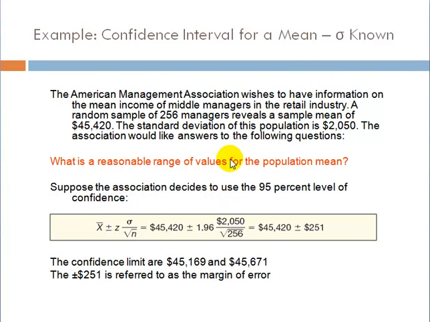Second question, what is the reasonable range of values for the population mean? Suppose the association decides to use a 95% level of confidence. To find the range that the population mean might fall into at a certain confidence level, we use the formula x bar plus or minus z value times sigma over square root of n.